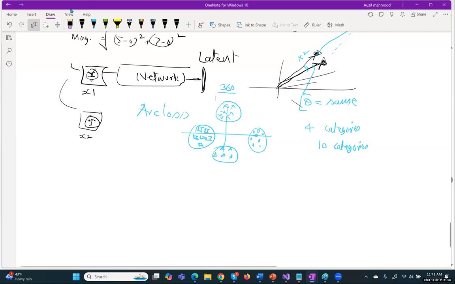So now let me go to 3D. See if you get the idea first, then I'll show you the math. It's pretty easy. Let's say I have a soccer ball. I can draw a 3D picture. Imagine this is a soccer ball. On the surface of the soccer ball, I create a category, then another category, another category.